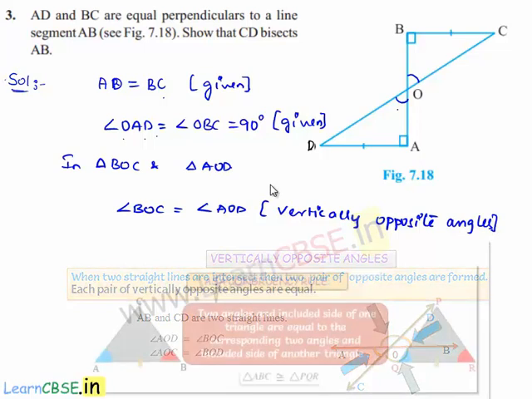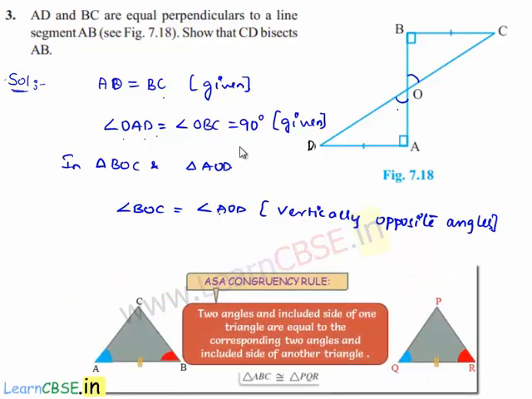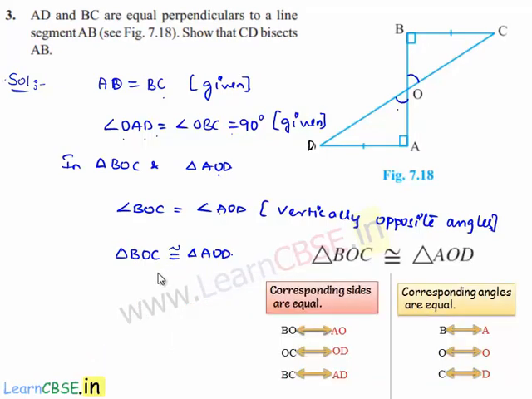Now, according to AAS property, both the triangles, triangle BOC and triangle AOD are congruent. That is, triangle BOC is congruent to triangle AOD. The two triangles are congruent, then the corresponding sides and corresponding angles will be equal.